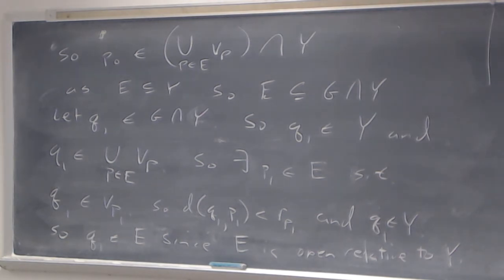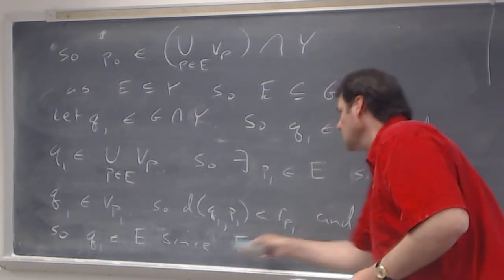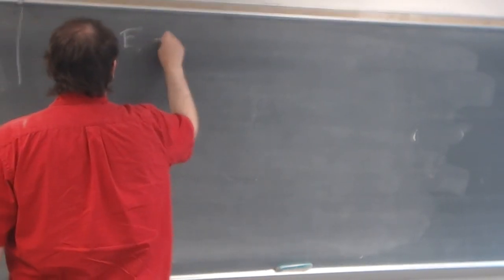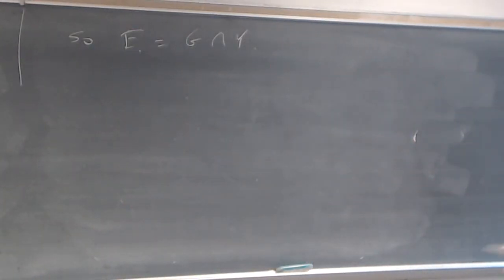And from the definition of what it means for E to be relatively open in Y, we get Q1 has to be in E. So that's showing that E is equal to this G intersect Y. Let me write that down. That's one part of the proof. Now we have to go in the other direction.